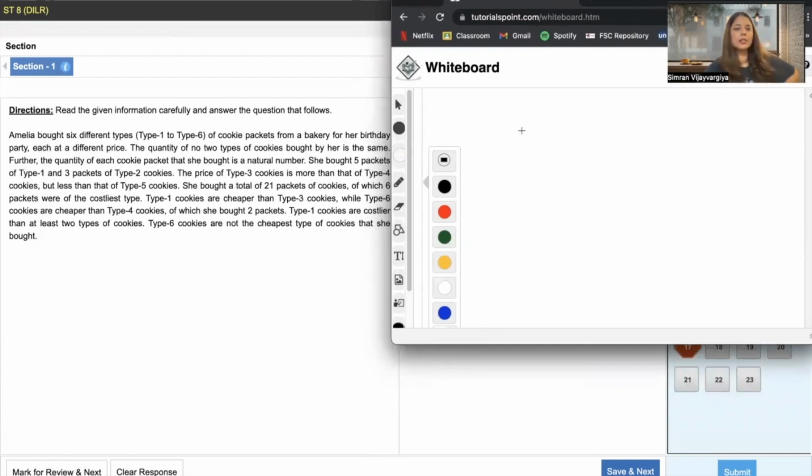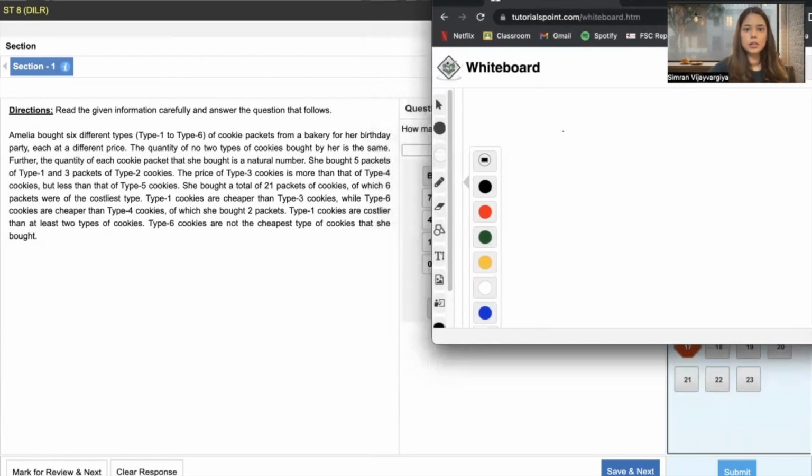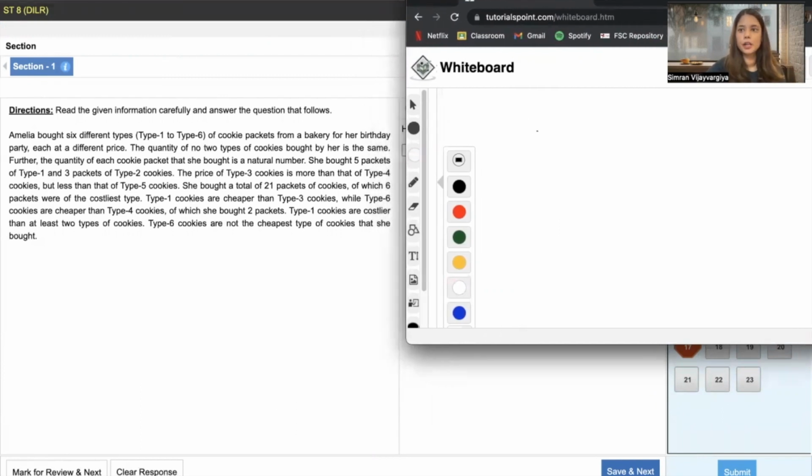Amelia bought 6 different types of cookie packets from a bakery for her birthday, each at a different price. The quantity of no 2 types of cookies bought by her is the same. Further, the quantity of each packet is a natural number.